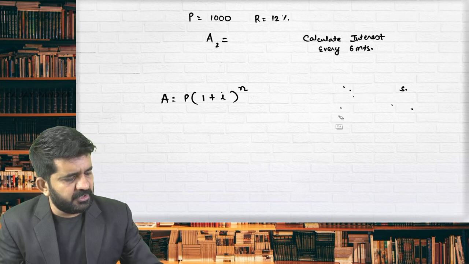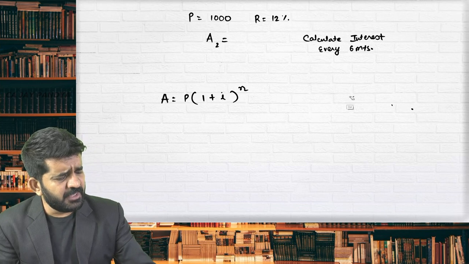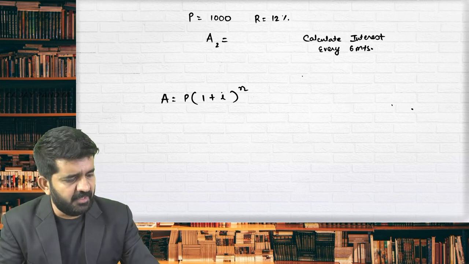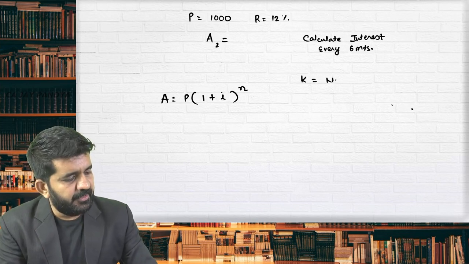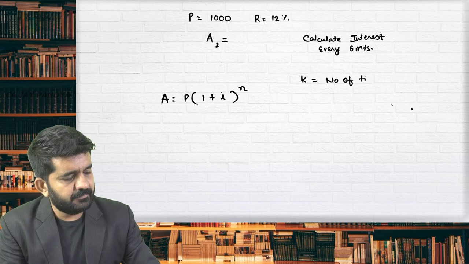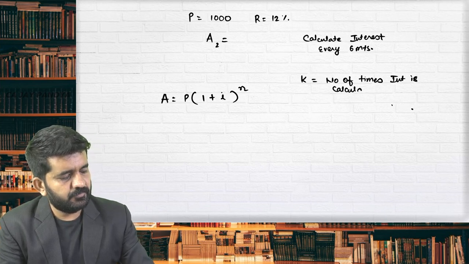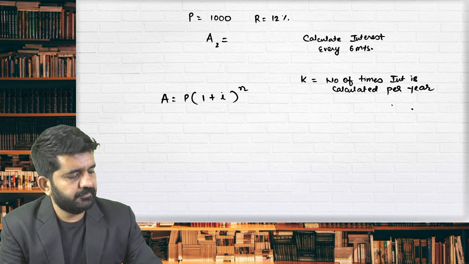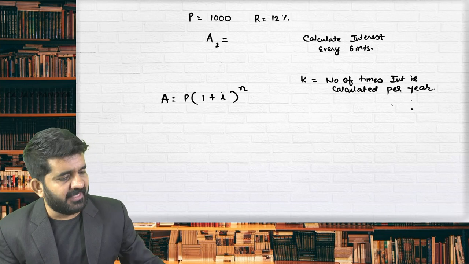First I am introducing you to the concept of K. In some books it might be written T, in some books some other variable, but we are writing it as K. Now what is K? Number of times interest is calculated per year. So in 1 year, how many times will interest be calculated?